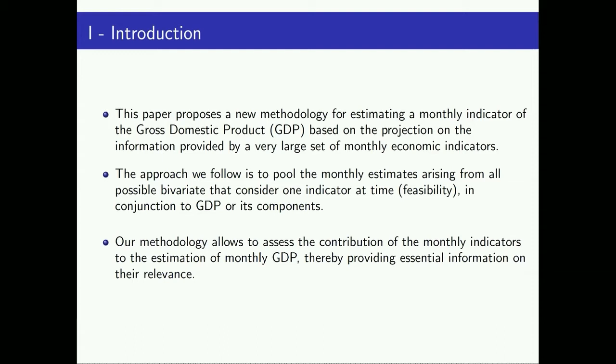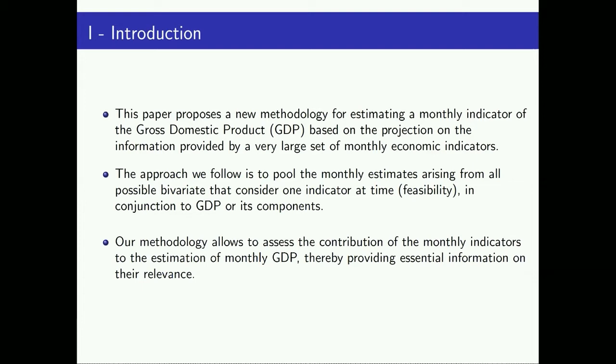The approach that we propose is a two-step procedure. In the first step, we use a bivariate model that is essentially based on a small-scale factor model. The idea is to consider just one indicator at a time.